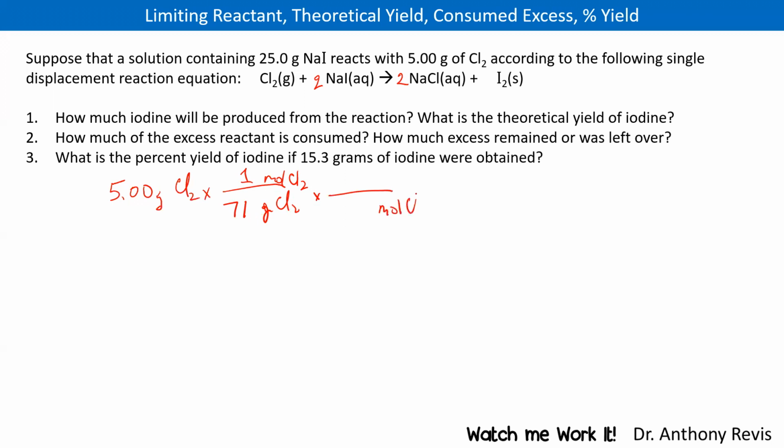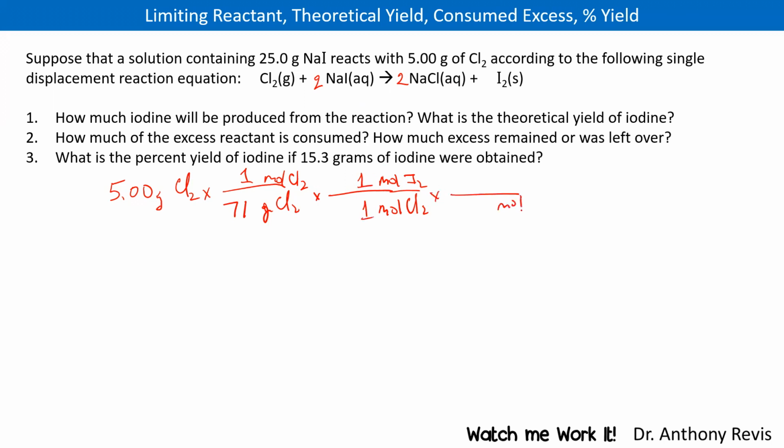So now I carry out this dimensional analysis to moles. That gives me moles of chlorine. And I want to convert the moles of chlorine to moles of I2 because that's what I'm after. If I look at the balanced equation, I see in front of the I2 there's a 1, and in front of the chlorine there's also a 1. And I'm going to carry this one more step over.